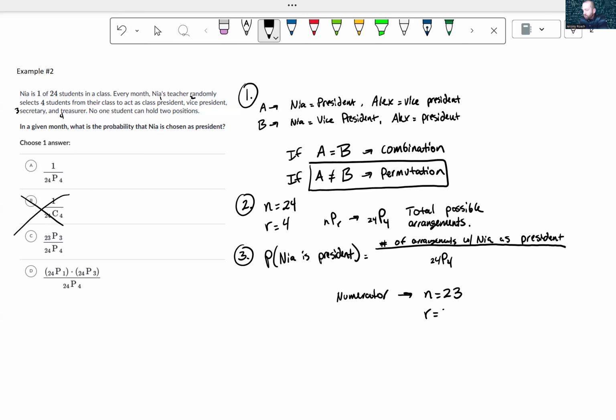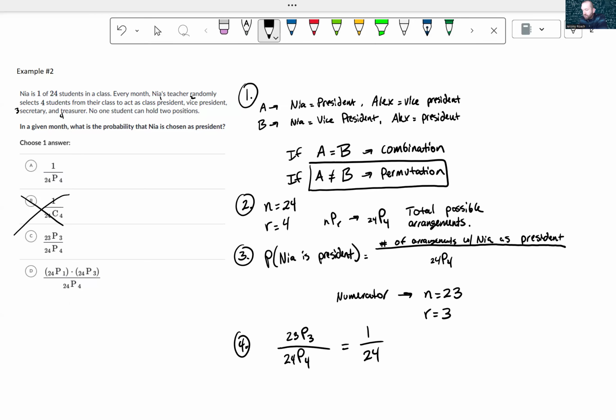So r equals 3 in this case. When Nia is president, we have 23 students left and 3 more roles to choose. So our final probability statement is going to be 23P3 over 24P4. And when we simplify that, it just so happens to be 1 out of 24.